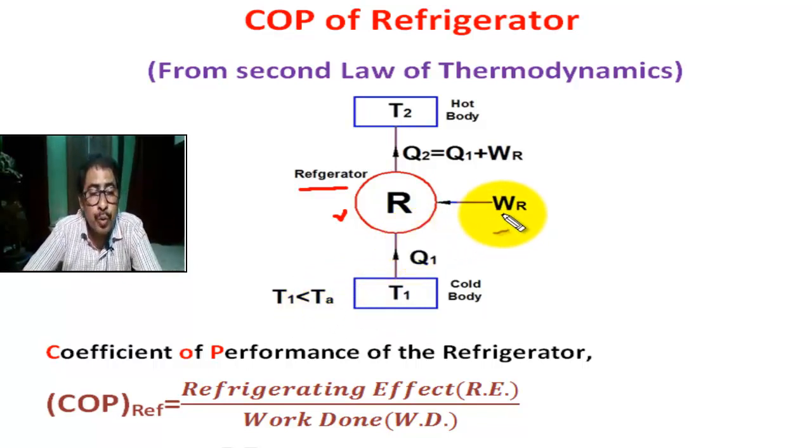We input work WR to the refrigerator. Without input work, moving heat from the cold body to the hot body is impossible.